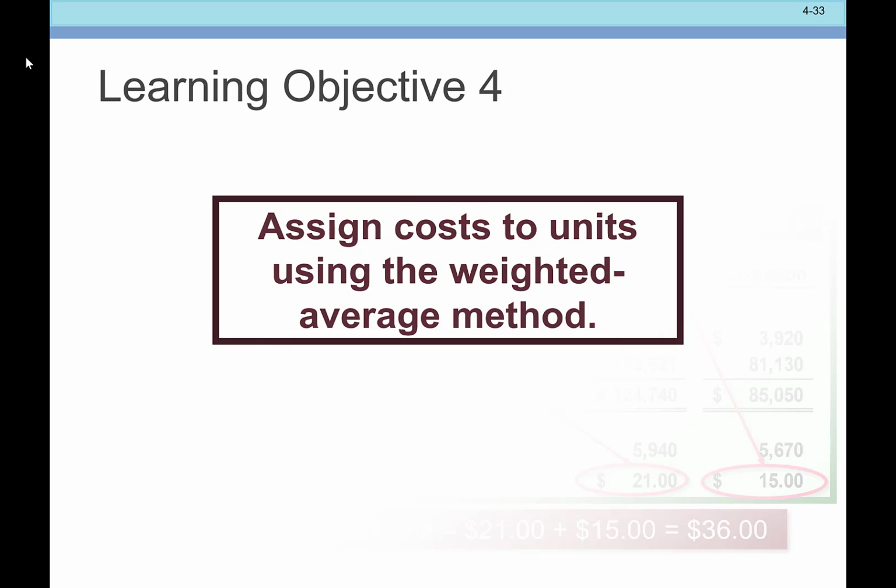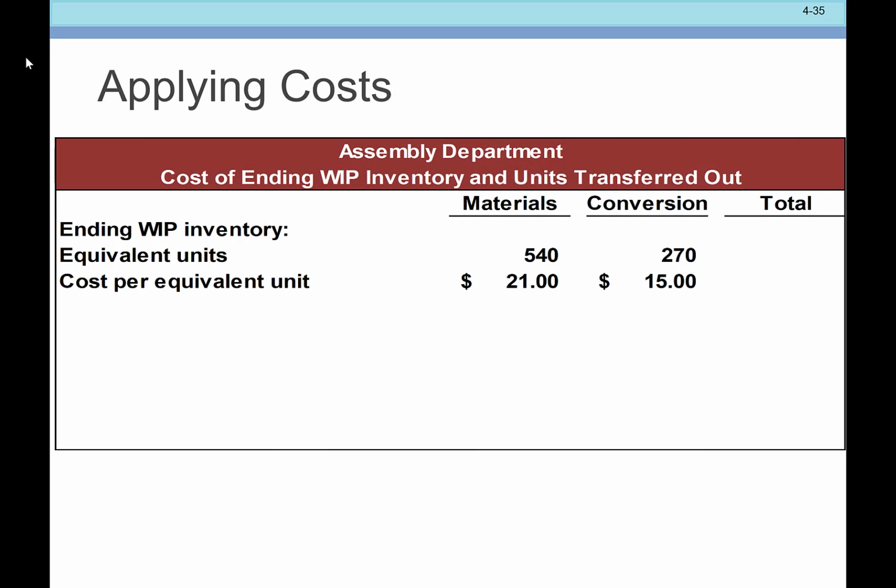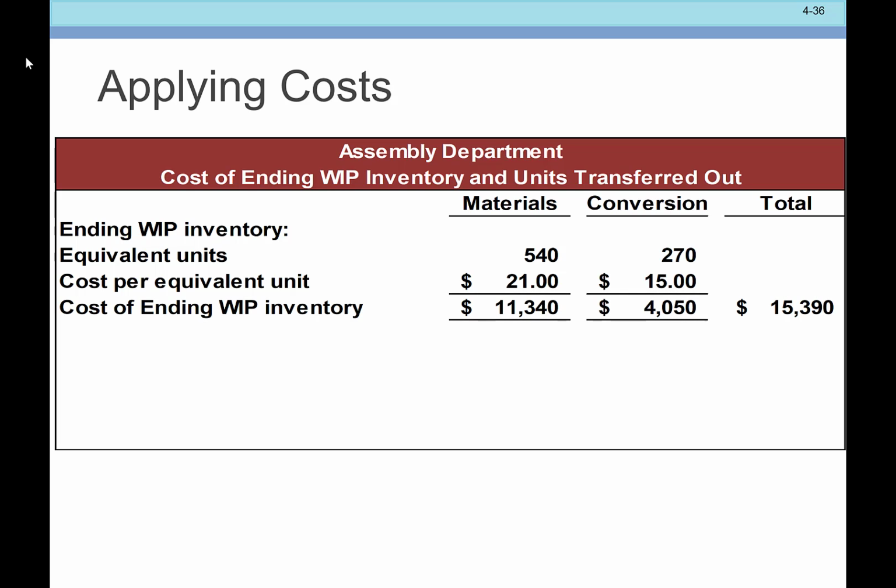Okay, good. Now we're going to assign the cost to my various elements. I have my cost per equivalent unit. My ending work in process is 540,270 on an equivalent unit basis, which came from the previous slide. I apply the cost per unit, so the value of my ending work in process is 11,340 plus 4,050, or 15,390, the total left in work in process.